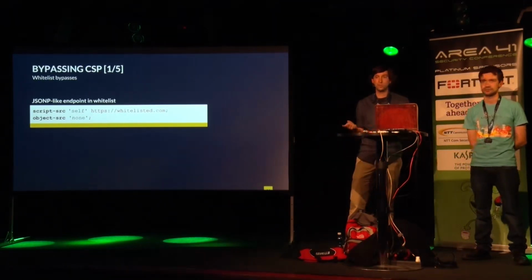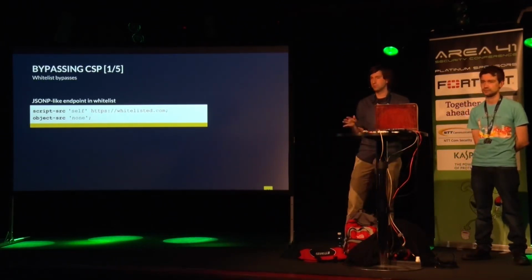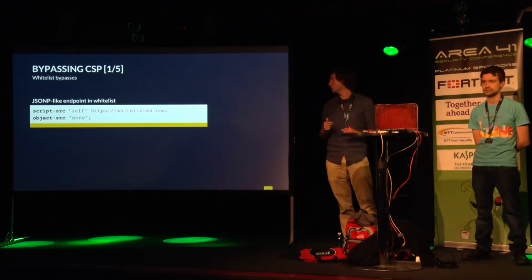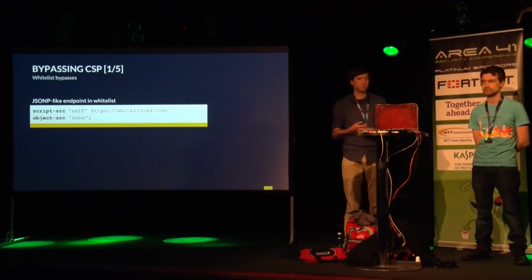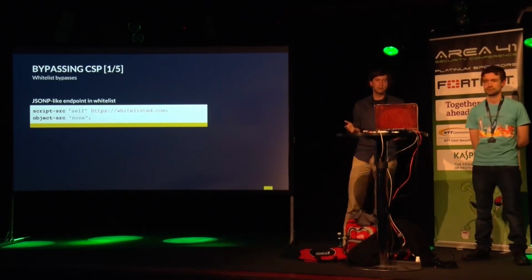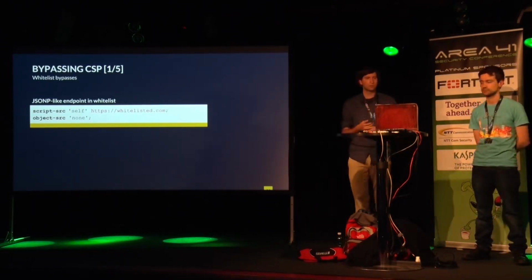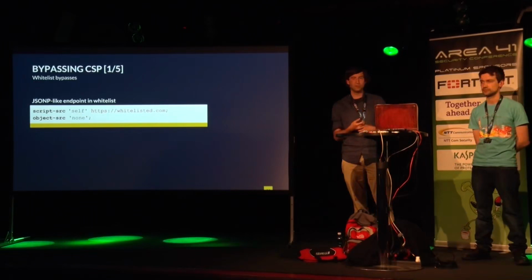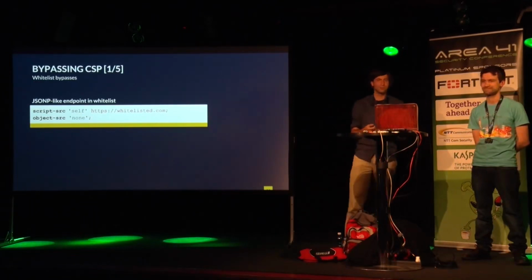So, for example, JSONP endpoints. Does everyone know what a JSONP endpoint is? I might give a quick example. It's basically JavaScript object notation with padding. I guess that doesn't explain it very well, right?